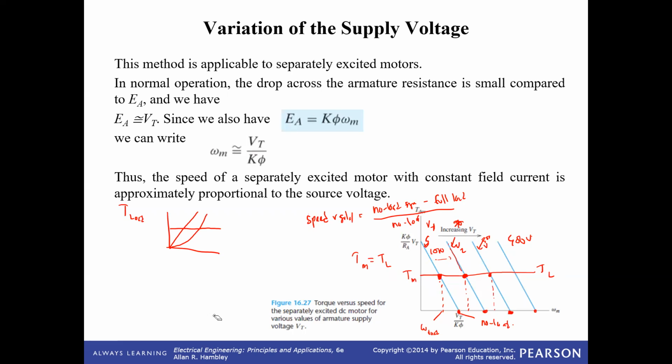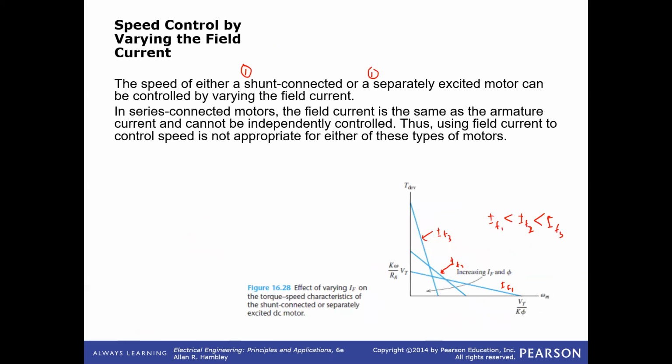Oh yes, yes, it also can. Because a separately excited motor is actually equal to the shunt, so this one can be applied for separate and also shunt. Okay, and the second method can also be applied for shunt connected and separately excited DC motors.